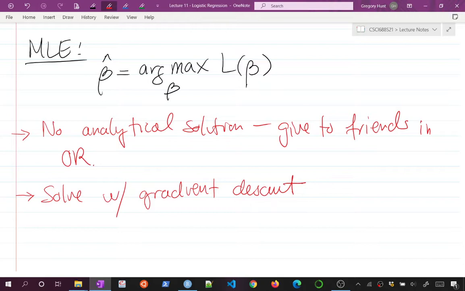The derivative points in the direction you want to go, or the opposite direction. In maximizing it would point in the right direction. You follow the derivative until you find where it's about zero, or you follow the gradient, because this beta could be a vector. And it turns out that we can cast gradient descent in this problem as an iterative procedure. This is not an optimization class.